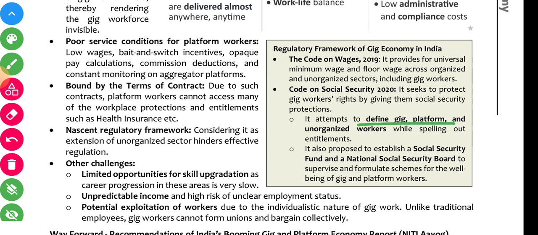It defines gig, platform, and unorganized workers while spelling out the entitlements. A Social Security Fund and National Social Security Board supervise and formulate schemes for the well-being of gig and platform workers.